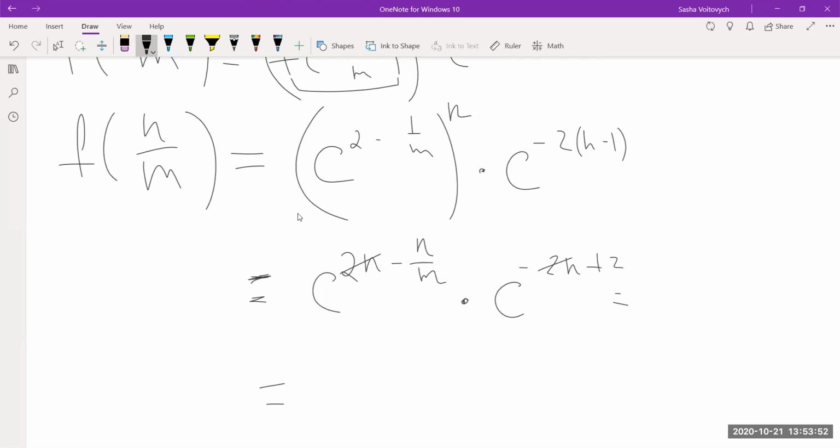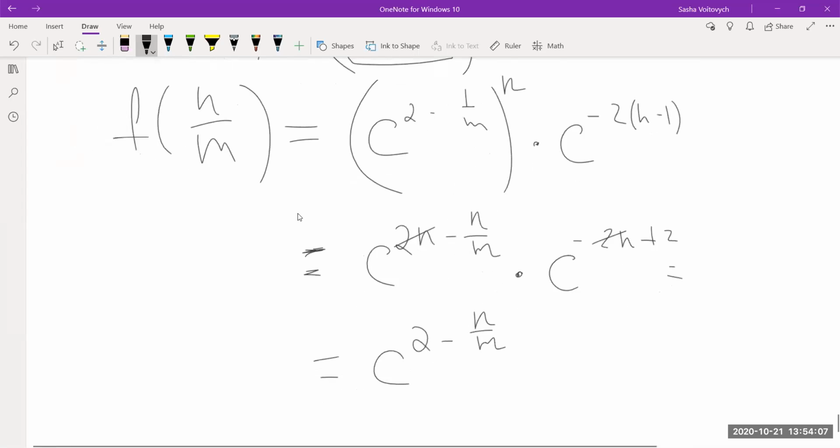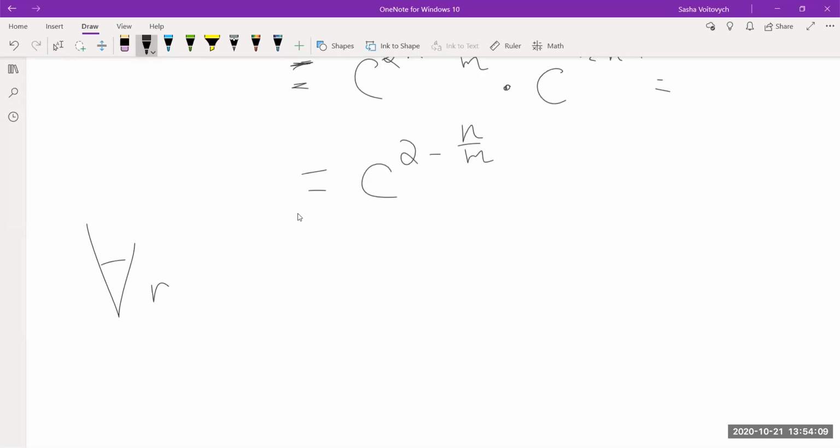So these cancel out, so we get 2 minus n over m. So what just happened is that we now know the value at any rational point. So for any r in Q, f of r is equal to c to the power 2 minus r.